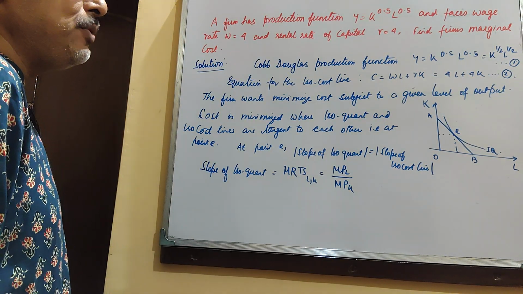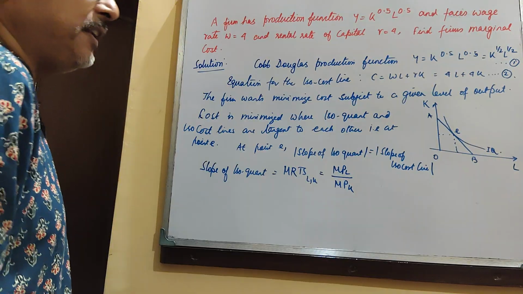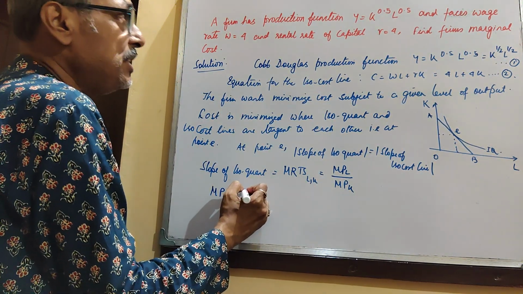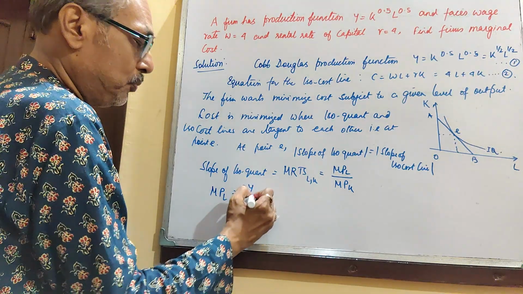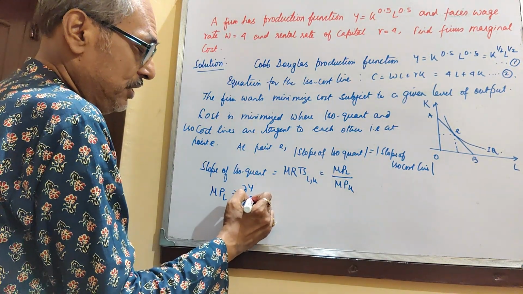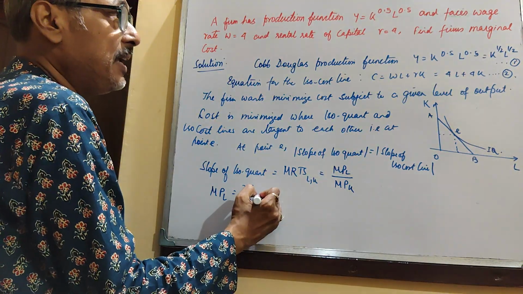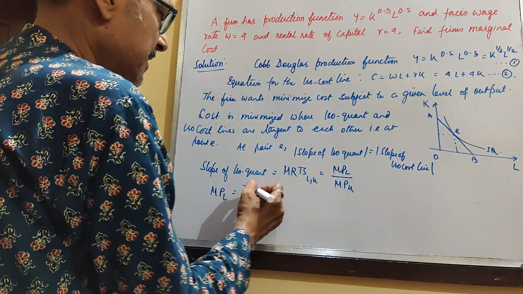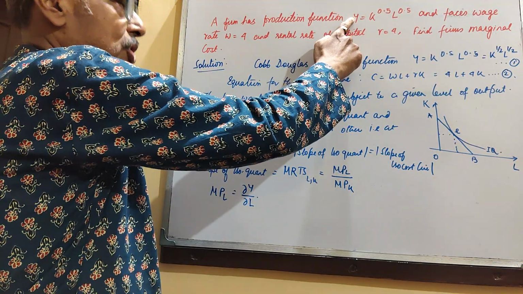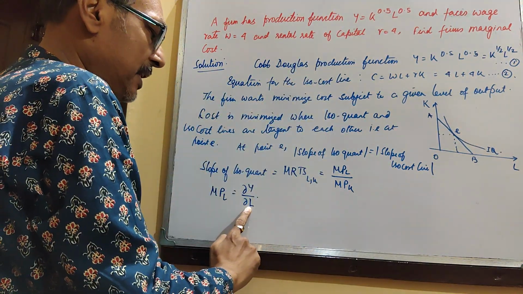It is the contribution of the last unit of labor, and MPL equals the change in total output due to change in 1 unit of labor keeping capital constant. That is the partial derivative of the production function with respect to labor.